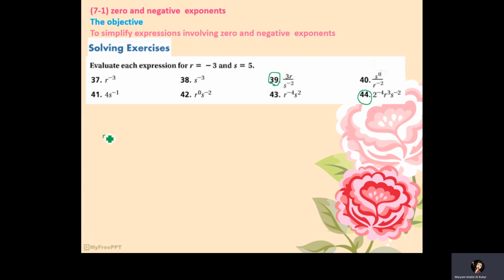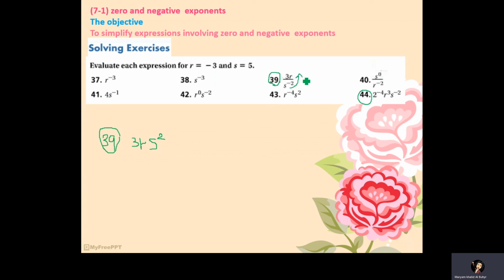So for exercise 39, again, I will use exactly the same knowledge that I used. I will simplify it first. 3, nothing to simplify it with. R already has positive power, so I will keep it up. So I will move S up because it has negative power.